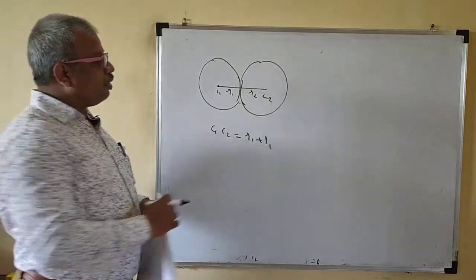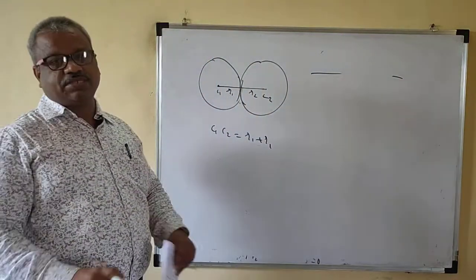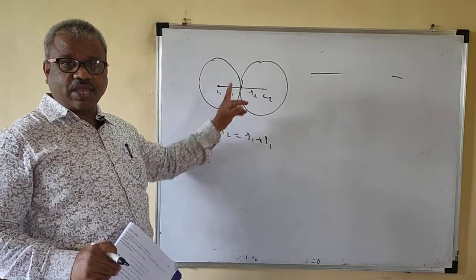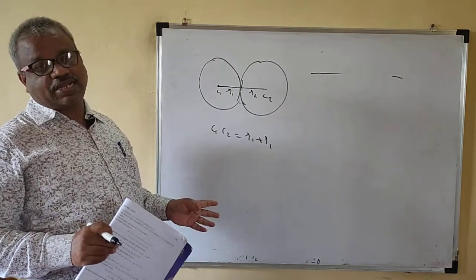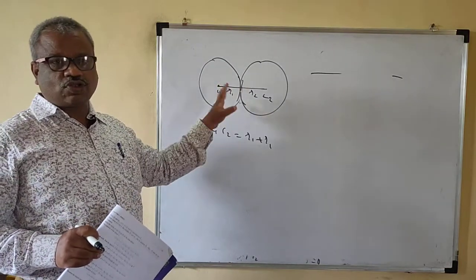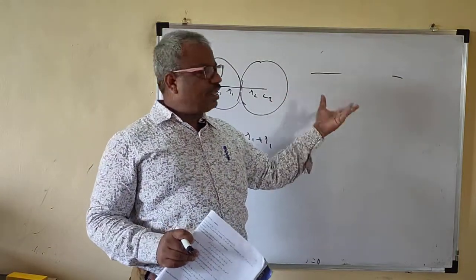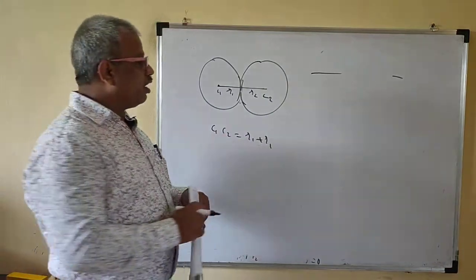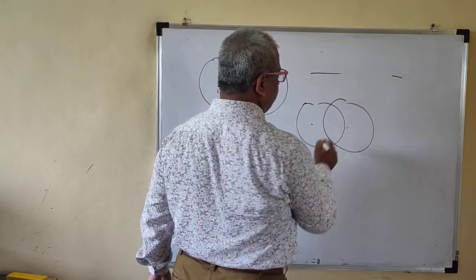So if you are given two equations of spheres and they touch externally, the distance between their centers is found by easily obtaining the radius of both spheres and taking the sum. So you will get the distance between their centers. If they touch internally, this is C1 C2.